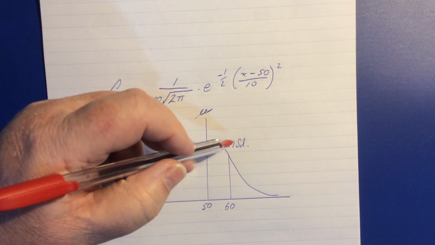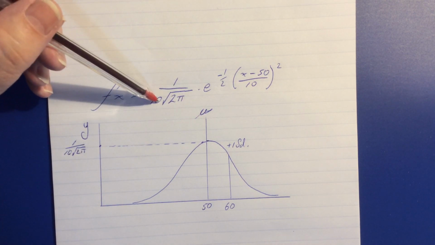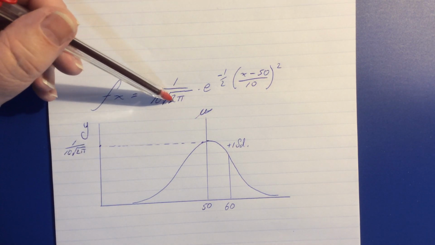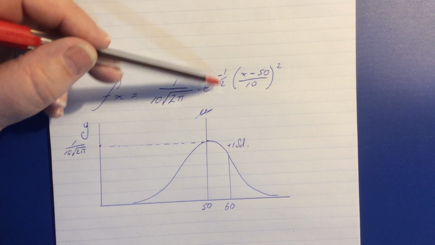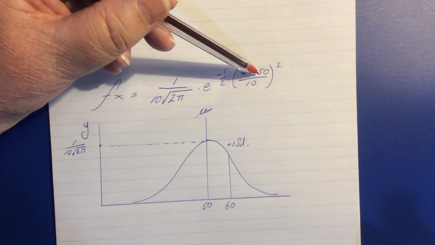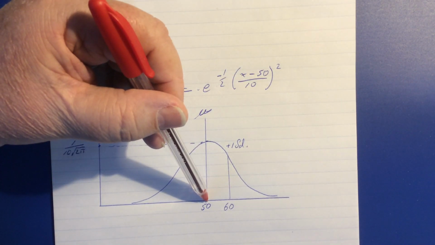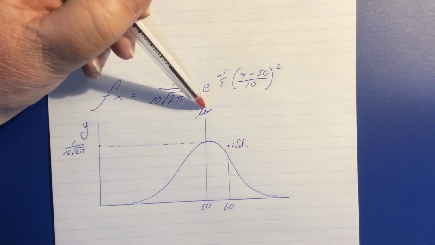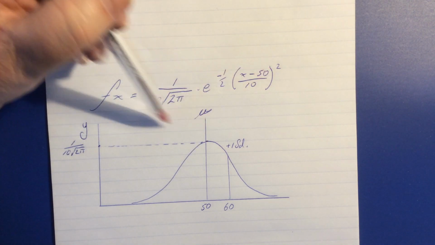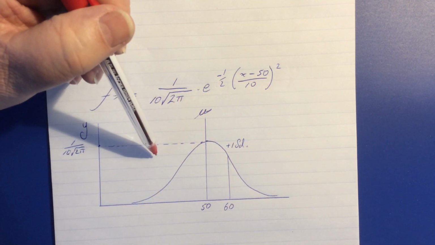This is one standard deviation above the mean. So 1 over 10 times the square root of 2 pi times e to the negative half times x minus 50, which is mu, the mean. So we can insert 50 here as the mean, squared. So just reading from this, we can generate this normal distribution.